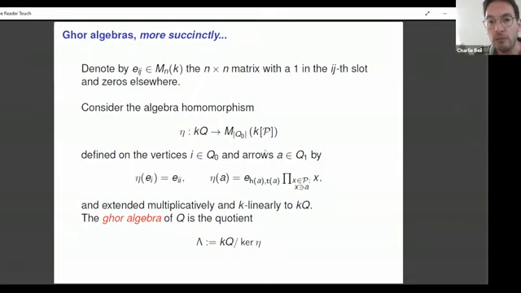And the arrows a get sent, it's just putting that monomial for that arrow into the right place in the matrix, given by its head and tail. So we extend multiplicatively and k-linearly to the path algebra. And the core algebra then is the quotient of the path algebra modulo the kernel of this algebra homomorphism.